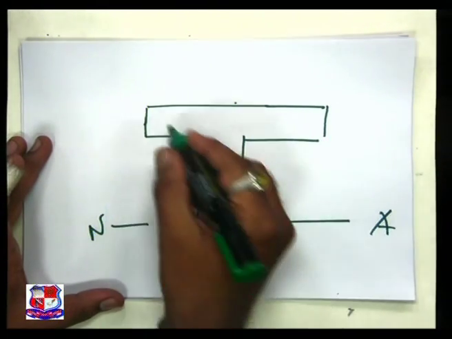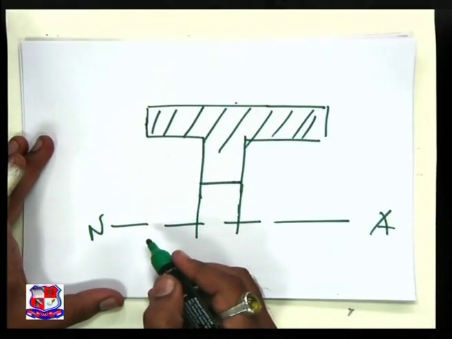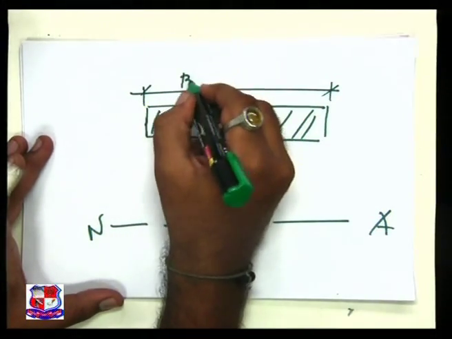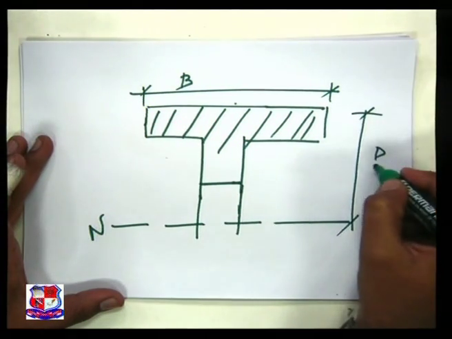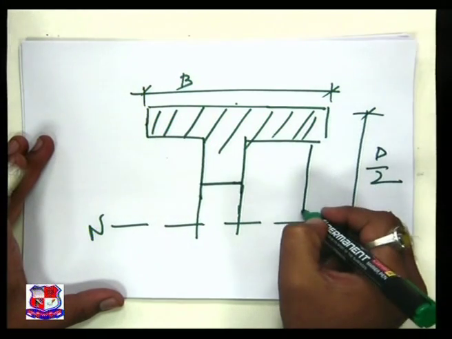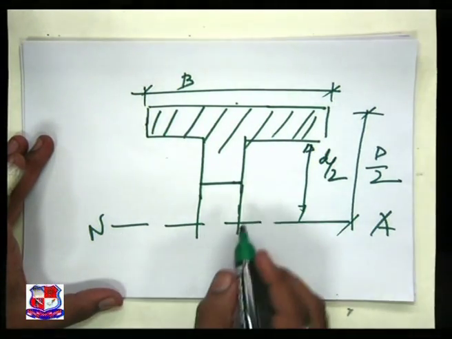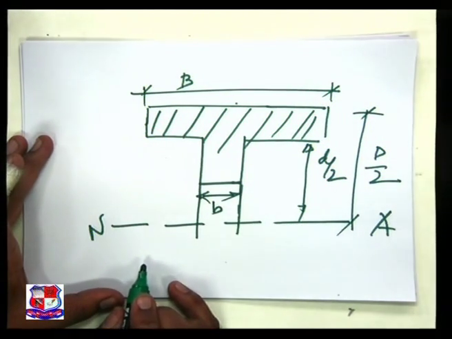This is the hatched portion that we have to take into account. This is the value of b. We know this one is D by 2. We know this is a small d by 2. This is small b.